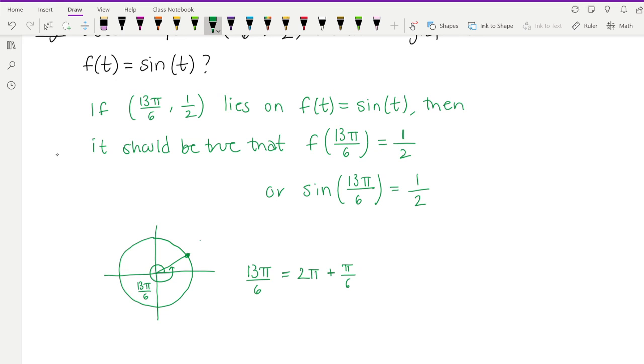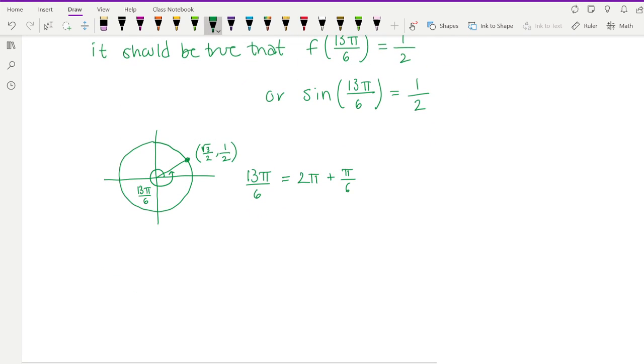So this is our angle of 13 pi over 6. What are the coordinates of this point? The x-coordinate is square root of 3 over 2, and the y-coordinate is 1/2. And so it is true, right? Because sine of an angle is equal to the y-coordinate of the terminal point of that angle. And we can see that the y-coordinate, when we're at an angle of 13 pi over 6, is in fact 1/2.